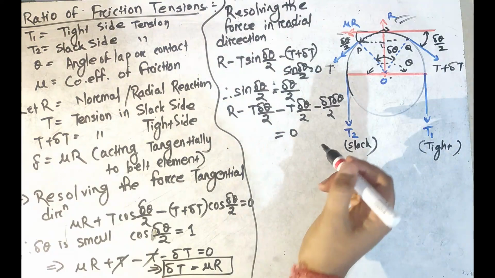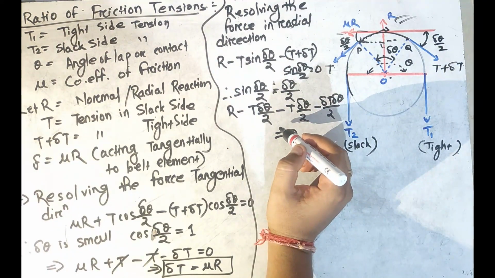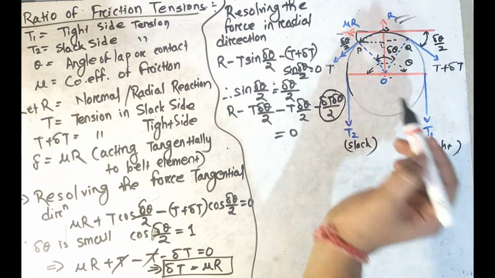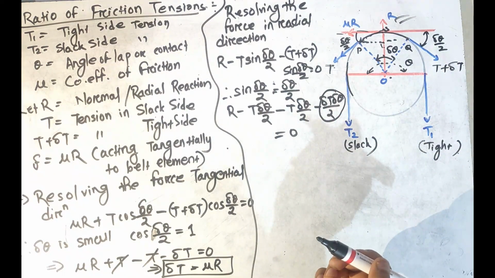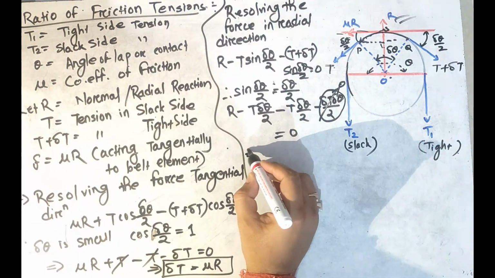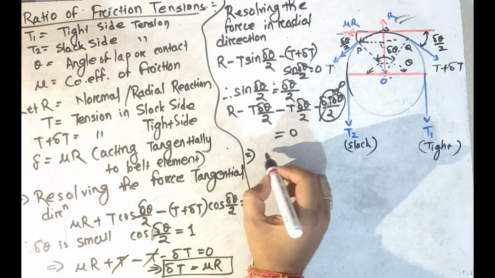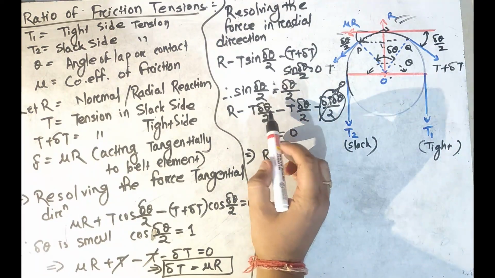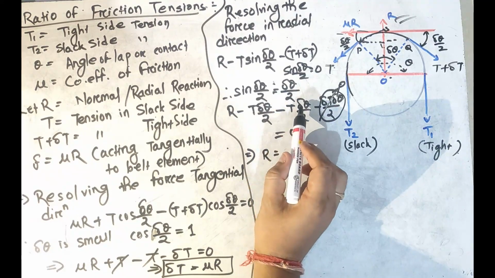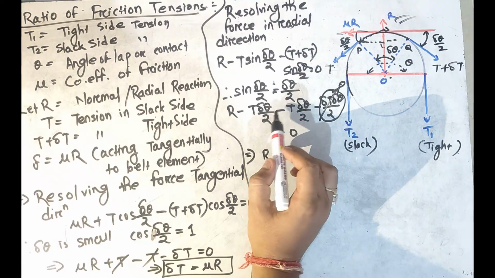So this is the product of two small quantities, that is del T and del theta by 2. So we will neglect this particular term. So the equation will become R is equal to T del theta by 2 plus T del theta by 2, that will become 2T del theta by 2.